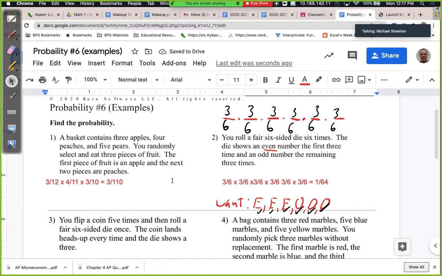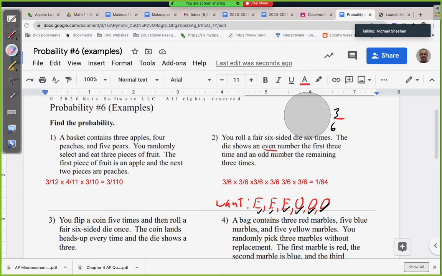Does anybody feel like they're having trouble with number 2? Can you do it again? So first of all, do you understand the idea that because I'm rolling something 6 times, I need 6 fractions? Are you comfortable with that idea? Yeah. Okay. And are you comfortable with this, what I have down here, that I want even the first 3 times?